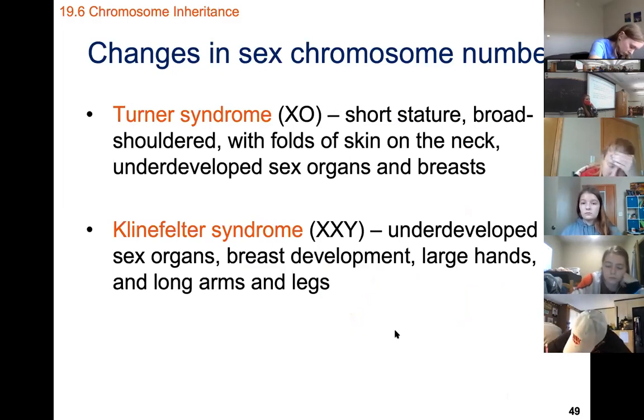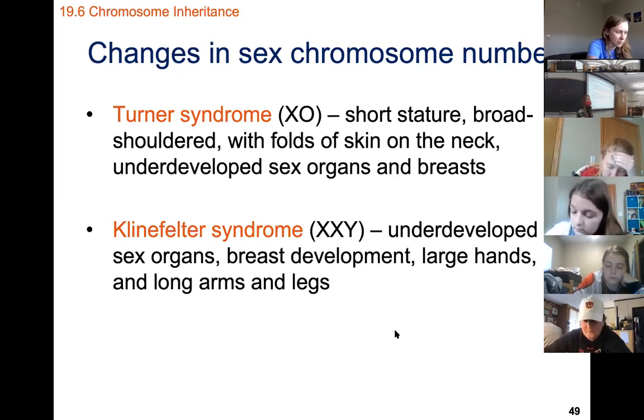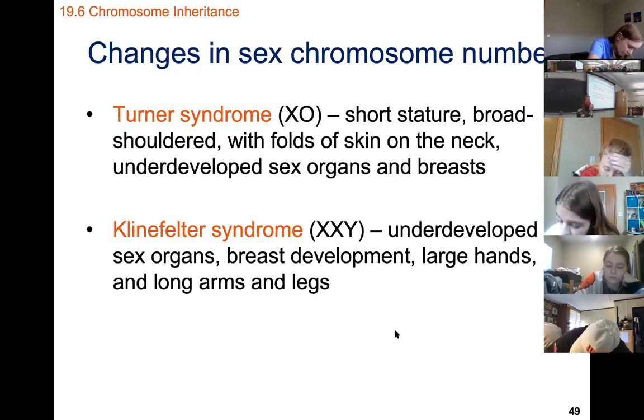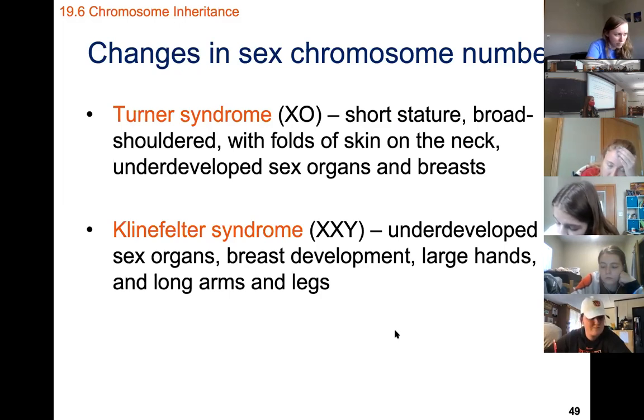Turner syndrome is located at the sex chromosome. This is when there's no second chromosome, whether that be a Y or an X. When you have Turner syndrome, some symptoms or effects are a short stature, you are broad-shouldered, there may be folds in your skin and your neck, and you have underdeveloped sex organs and breasts, which kind of makes sense if you think about it.